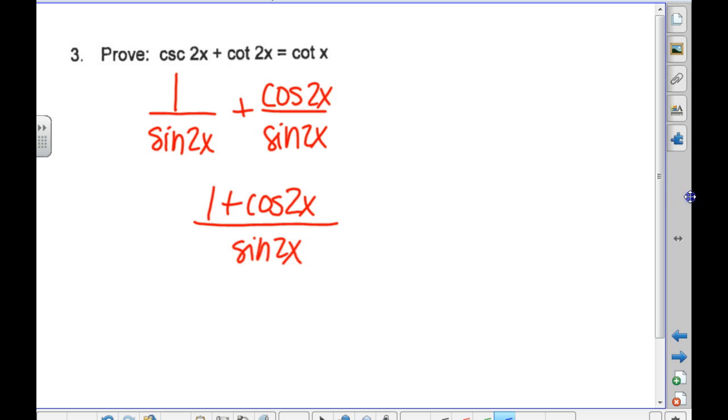So let's keep going by trading out some sines and cosines here. For this, we have several choices of what to trade it for. Since there's a plus 1 up here, I think I'm going to trade this for a 2 cosine squared minus 1, because that will get rid of this 1 out here.